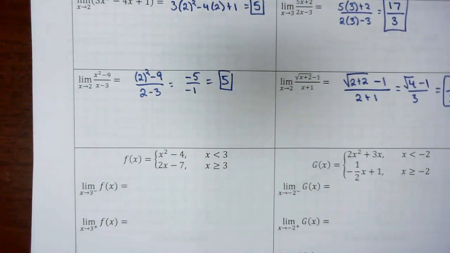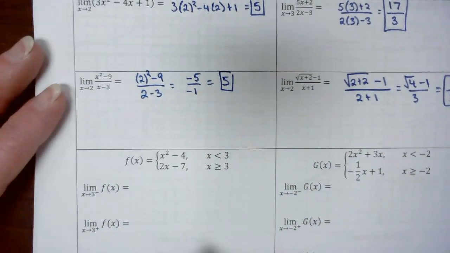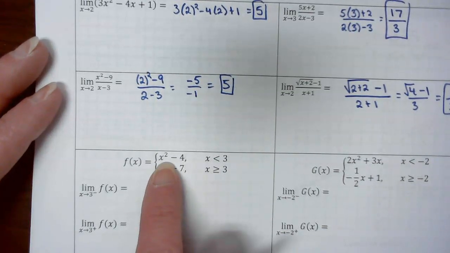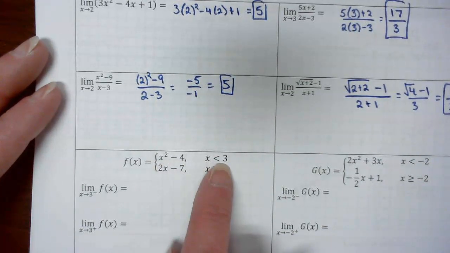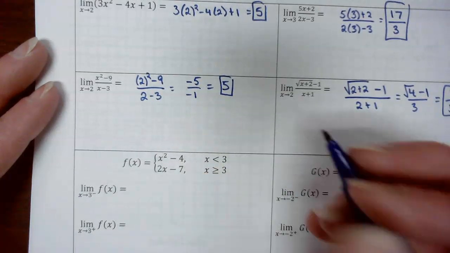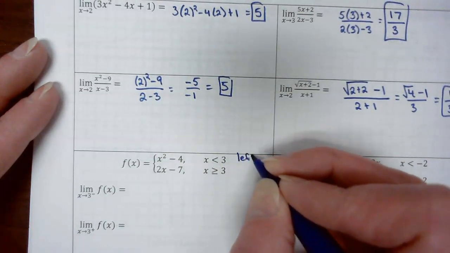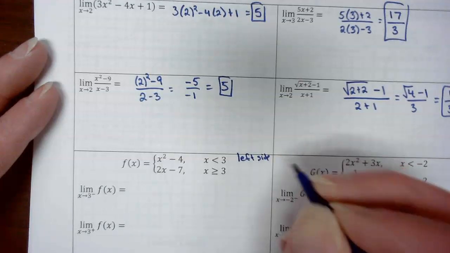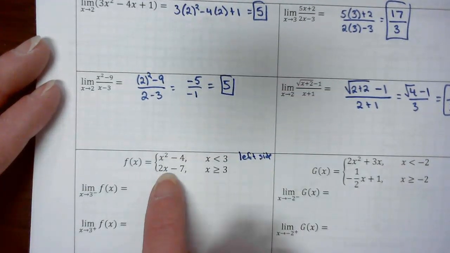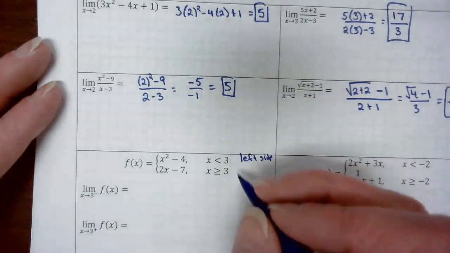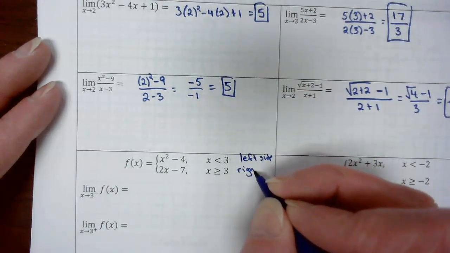Now let's look at a piecewise function. This is the rule I'm following for all the x's less than 3. This is the left side. But if x is greater than 3, I'm following this rule. That's the right side.